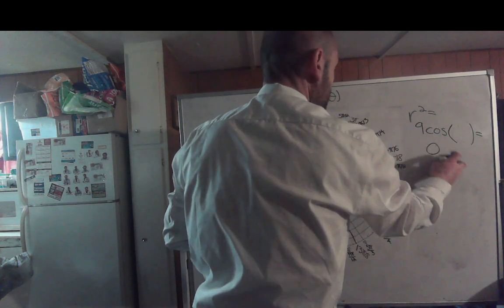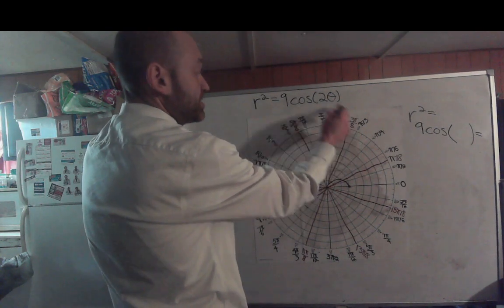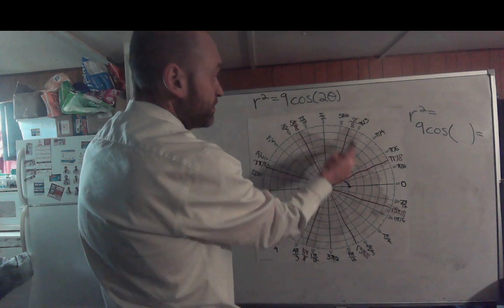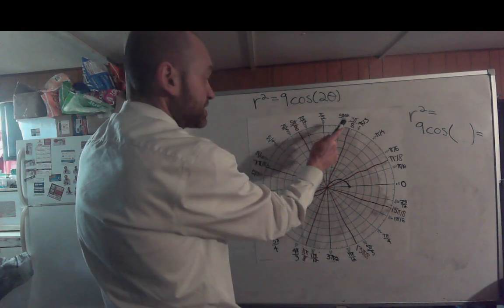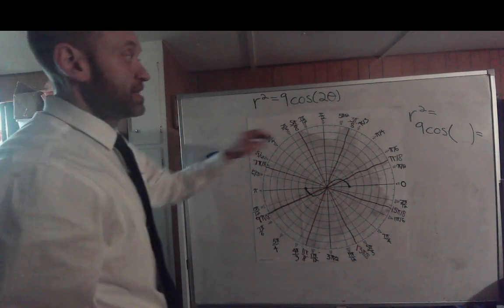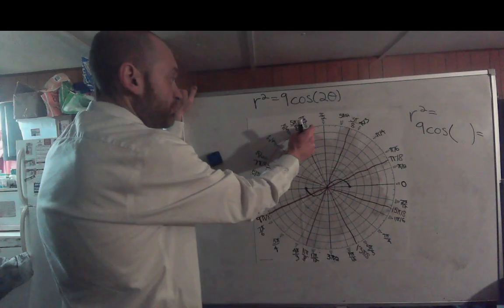So we can't do 2 pi over 3. 3 pi over 8, that would be the same as the cosine of 3 pi over 4. That's negative. 5 pi over 12, that'd give you the cosine of 5 pi over 6. That's negative. You can't even do pi over 2, because then you would get the cosine of pi, which is negative.